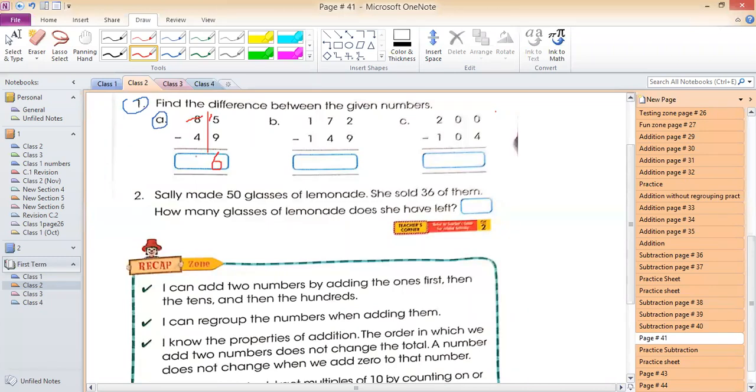Then what to write here? 3. Why? Why 3? This is 8. 8 minus 4, 4. Why did you write 3? 7 minus 4. Okay. Why 7? Why not 8?